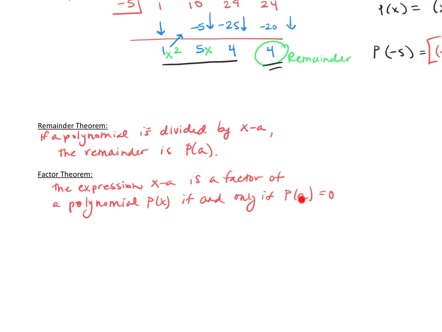So whatever our a value is, if you plug it into your polynomial and you get 0 back, that means that x minus a was a factor of that polynomial, because that meant there was no remainder. It was a nice clean factor.